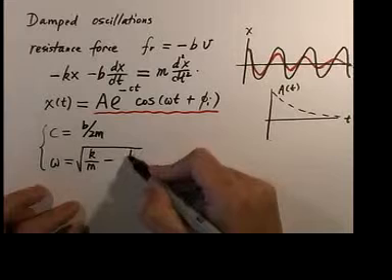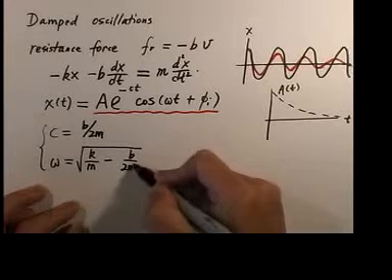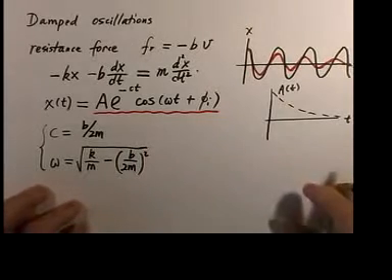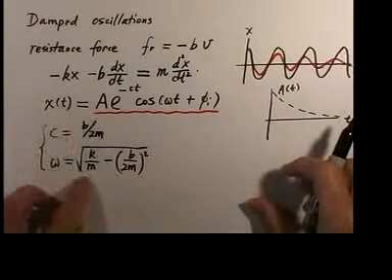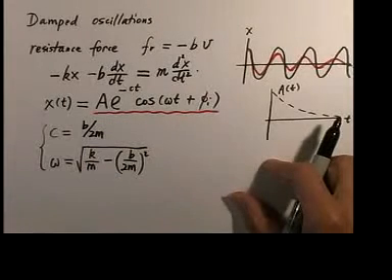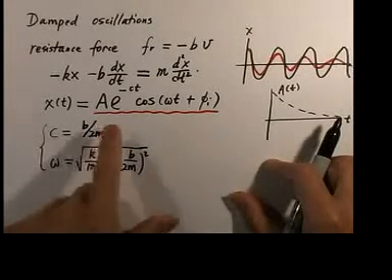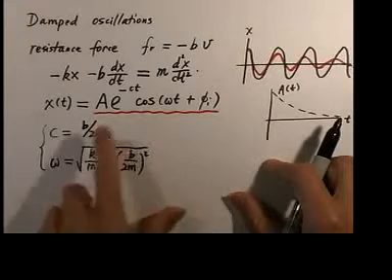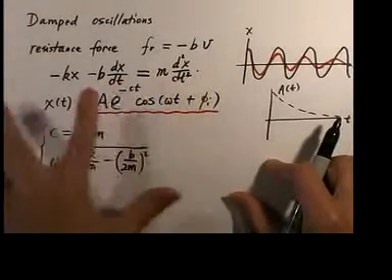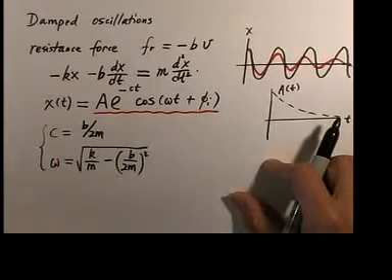What is that something? b over 2m squared. If c equals this and omega equals that, this solution indeed solves the equation. You don't have to take my word for it. You can plug c and omega in, take one derivative, two derivatives, and see if the two sides match. They definitely will.